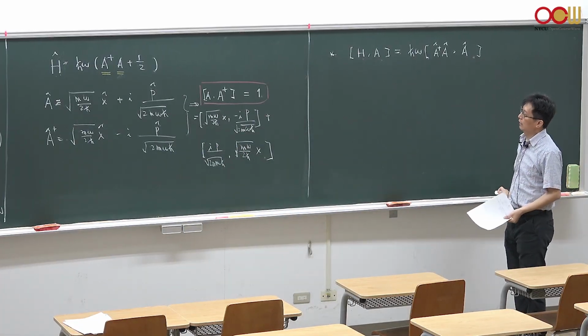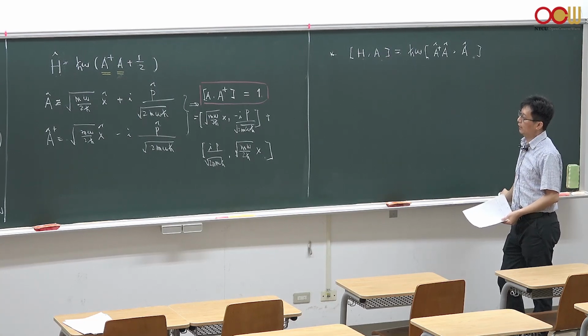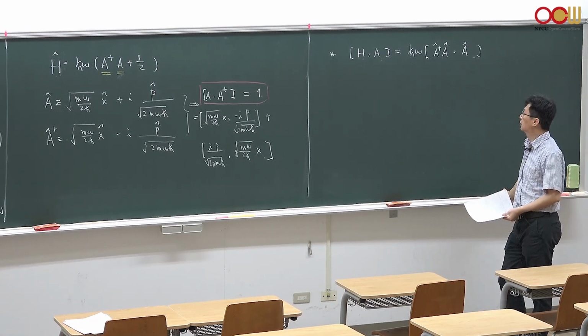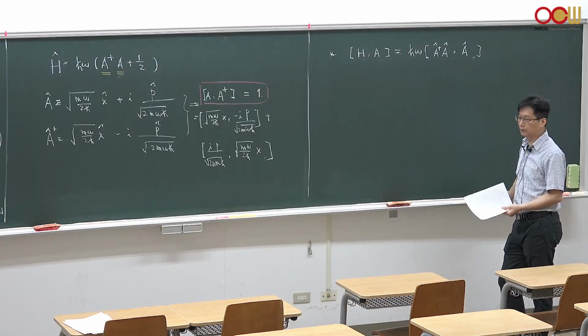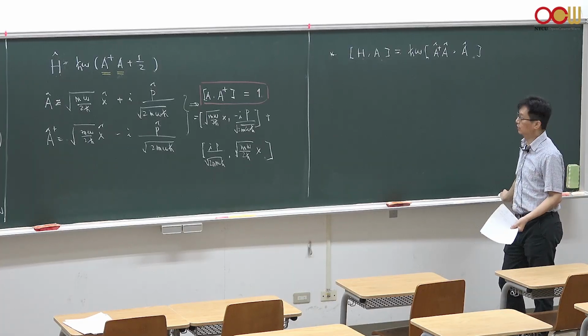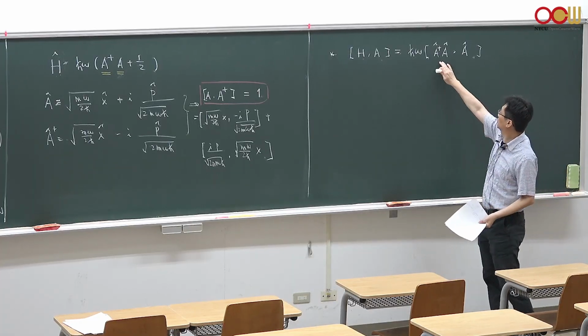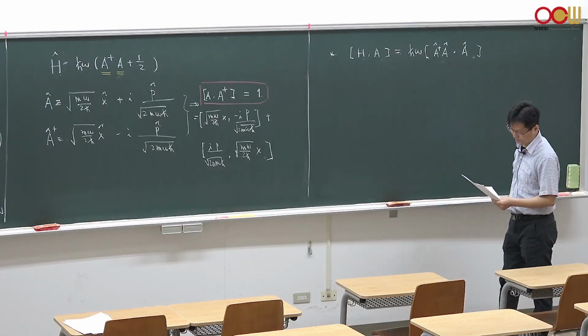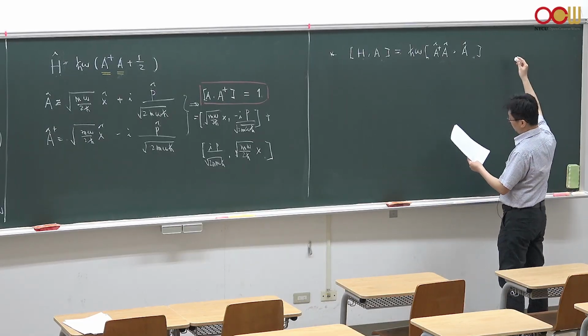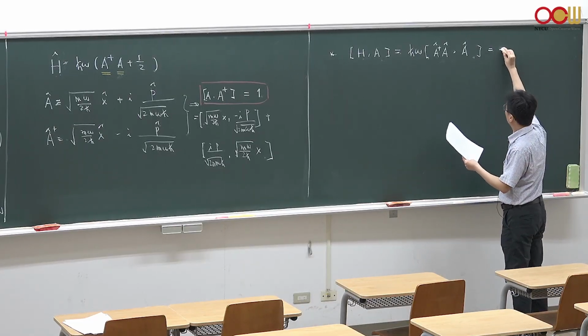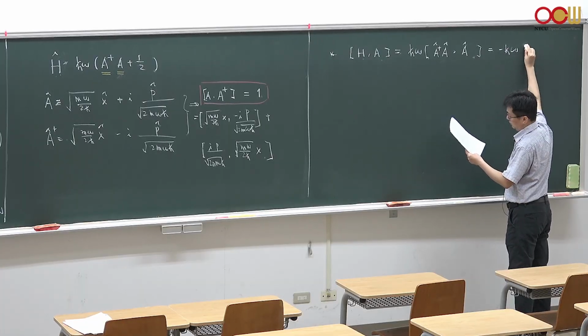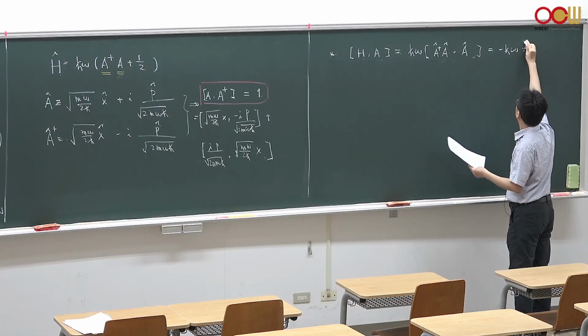You forget about the 1/2 here because this is just a constant, and a constant number commutes with any operator. So the only thing that you need to compute is this commutator. And you will see that this is given by minus h bar omega times A. Right?